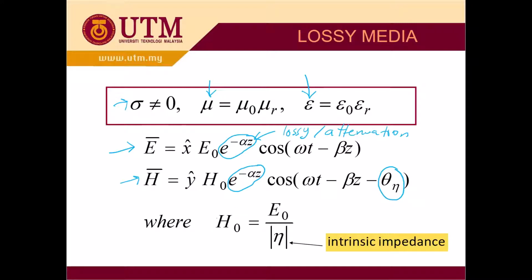Then we can find the magnitude of the magnetic field using this formula. It is basically the magnitude of the electric field, E naught, divided by the magnitude of the intrinsic impedance N. We'll see later how to determine the intrinsic impedance.